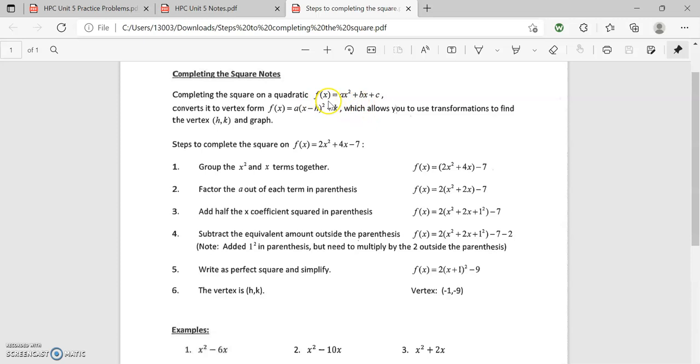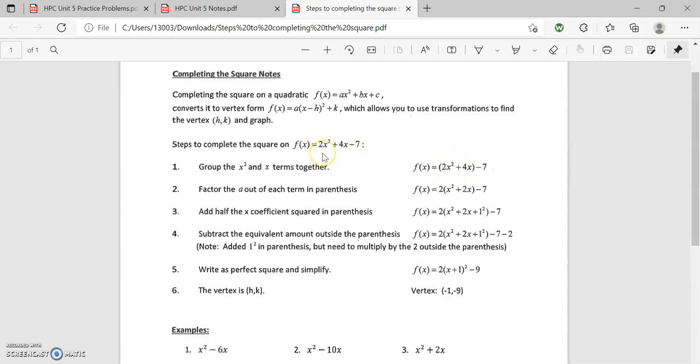such as f of x equals ax squared plus bx plus c. The first thing we do, if our equation isn't already in the order we want it, is group the x squared and x terms together. We put parentheses around them, and make sure they're next to each other.